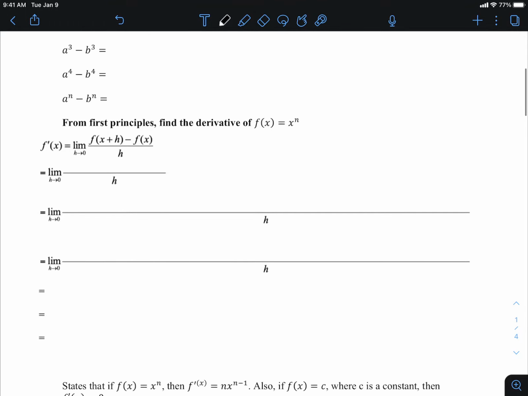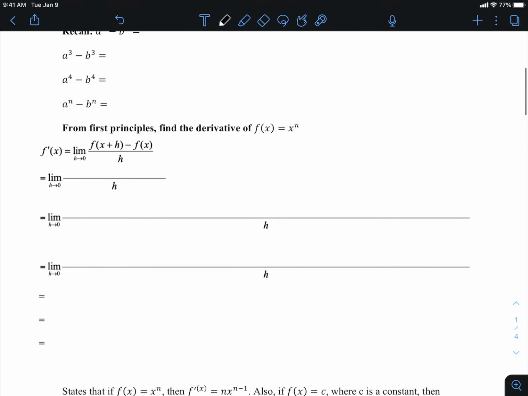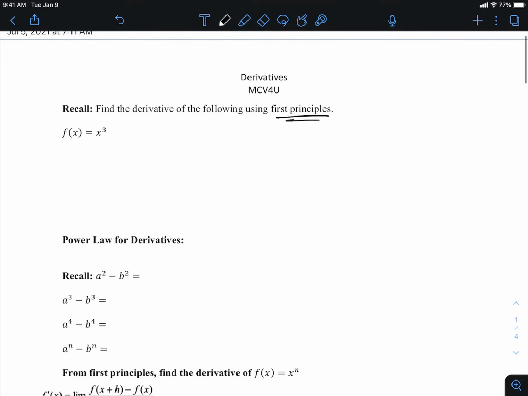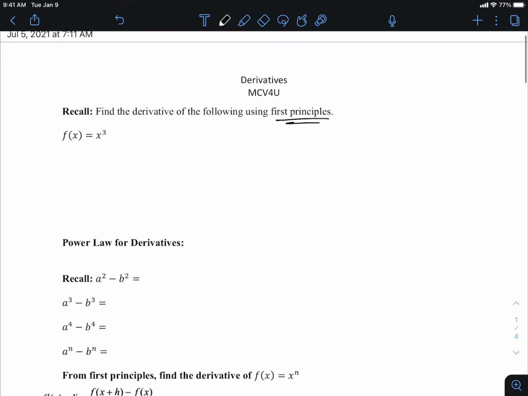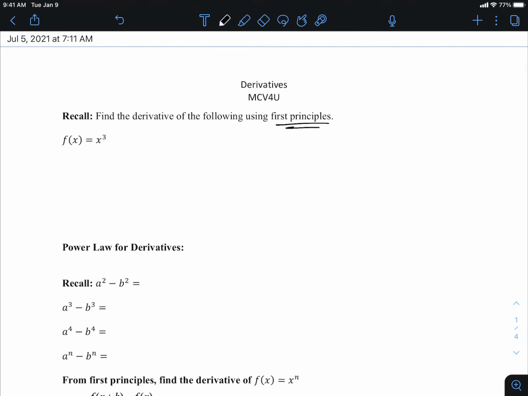What I'll do today is show you this one, and then I'll just tell you what the rules are from this point forward from the interest of time, okay? But it's imperative even for you guys to realize that this stuff comes from first principles. They're not just magic, okay? And so I'll show you how that works today.